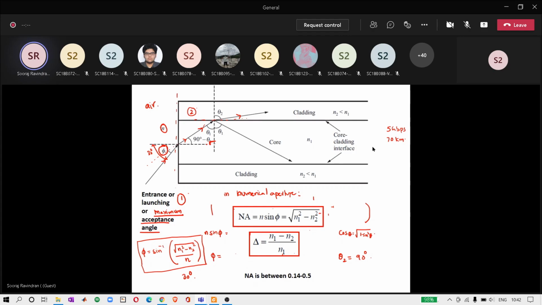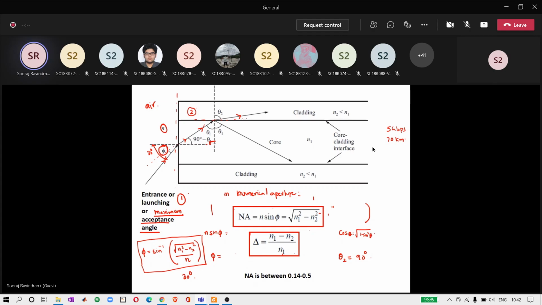A camera is going to have a lens. So optical engineers, when they design cameras, design the lens in such a way that the lens can capture as much light as possible. That ability of a lens or of an optical fiber is what is called the numerical aperture, which defines the ability of the optical fiber to collect light. The higher the numerical aperture, the better the optical fiber is for collecting light.